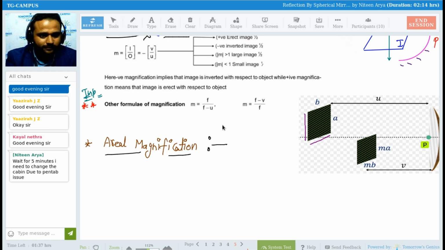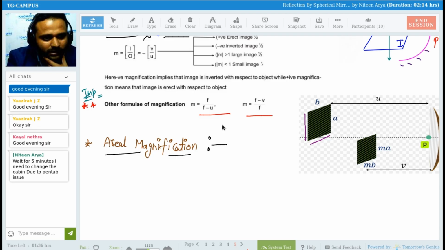Is this clear, everyone? Should I repeat it again? If you don't understand, please ask me here, because believe me, only on this formula, and the formula I'm going to give you guys, you are going to get this kind of question. The angle subtended by the image at the pole, or angular magnification, is also there.